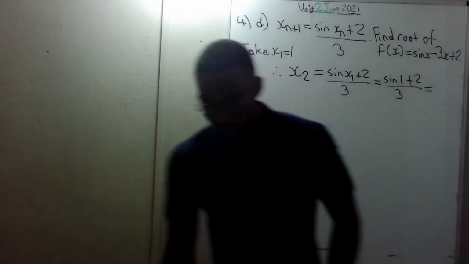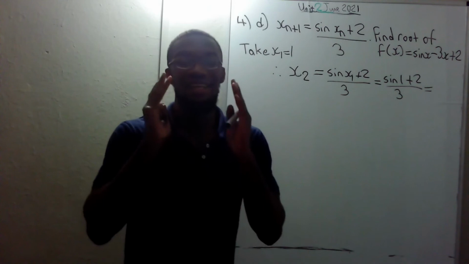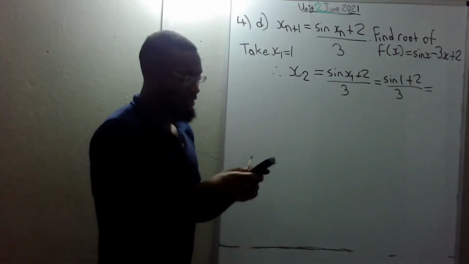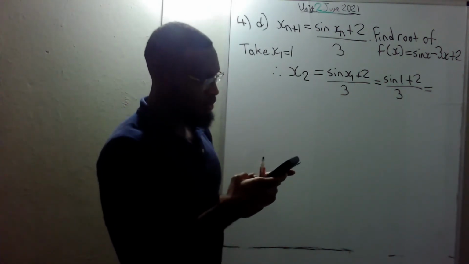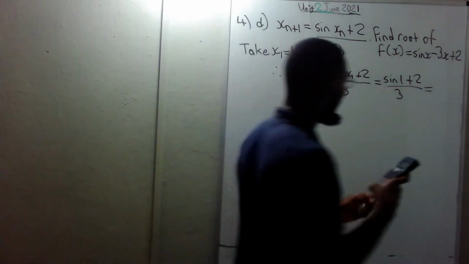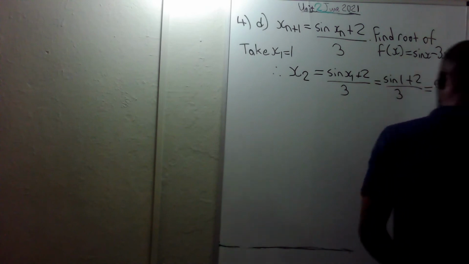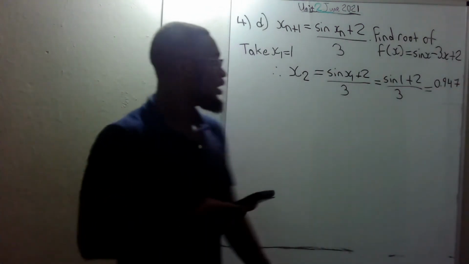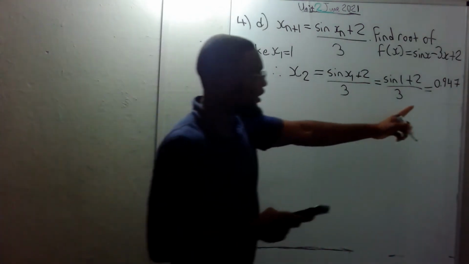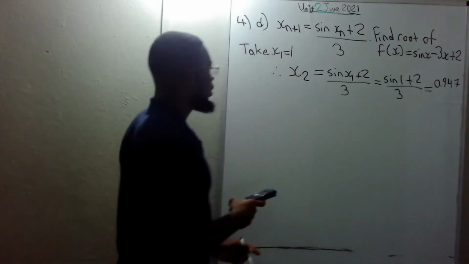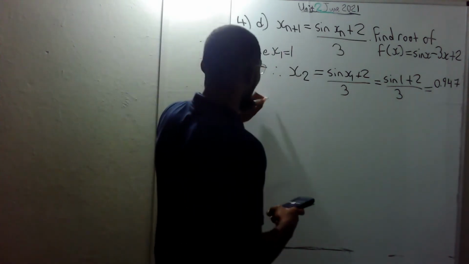You put that in a calculator. Keep the calculator in radians. So sine 1 plus 2 over 3 is 0.947. That's x2. Alright?